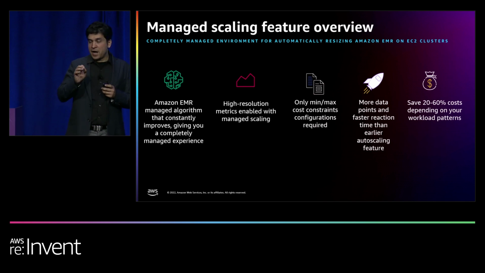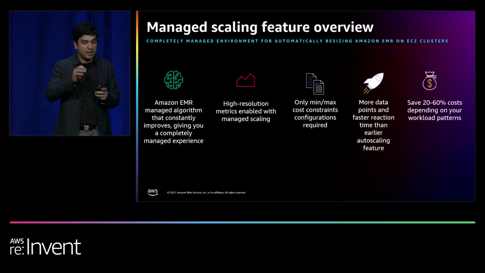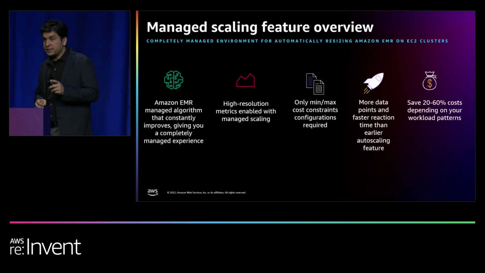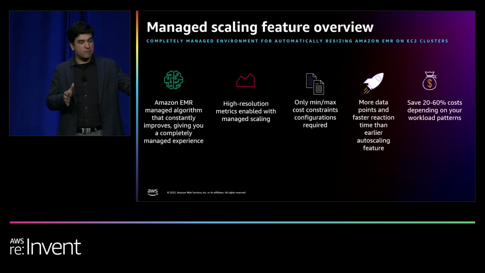It will track high resolution metrics, and while the old auto scaling used to track CloudWatch metrics that were 5 minutes behind, this tracks near real-time metrics, has a fast reaction time, and can scale up your EMR cluster as per demand, and can scale in when that demand subsides. And the customers have achieved up to 20 to 60% cost improvement by enabling managed scaling. And what makes managed scaling great is that you require very little except to specify the boundaries. Here's the min, here's the max, and the cluster will do the work for you.